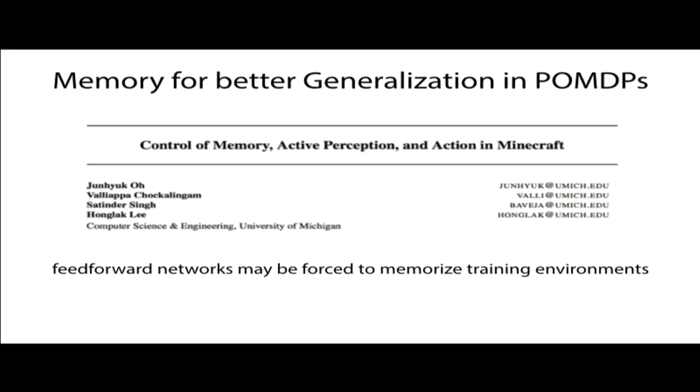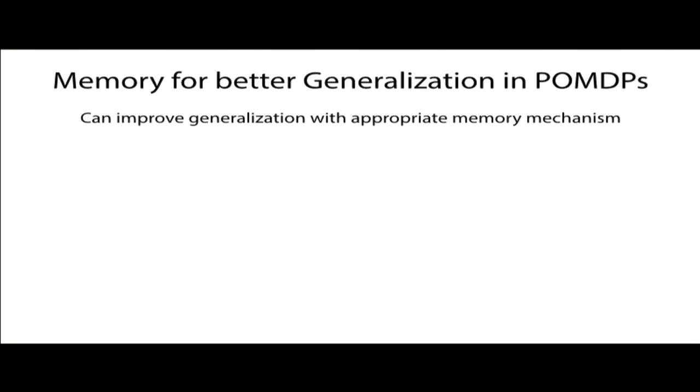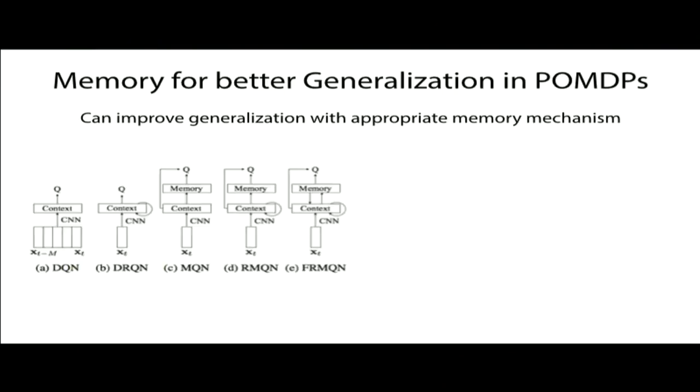Also, if you do introduce memory into the network, the wrong memory mechanism might also lead to memorization and worse generalization performance. They focused on the Minecraft domain, which I think is more applicable to transfer and generalization than the Atari games. And they showed that you can improve generalization with the appropriate memory mechanism.